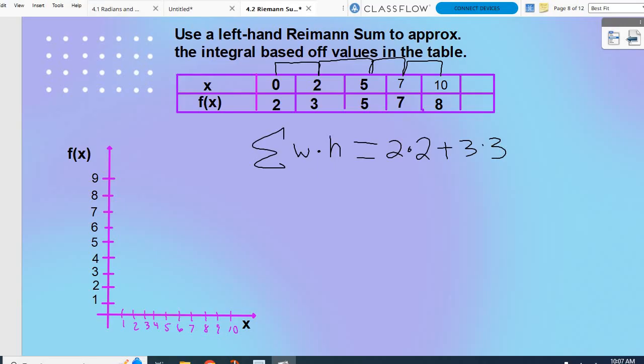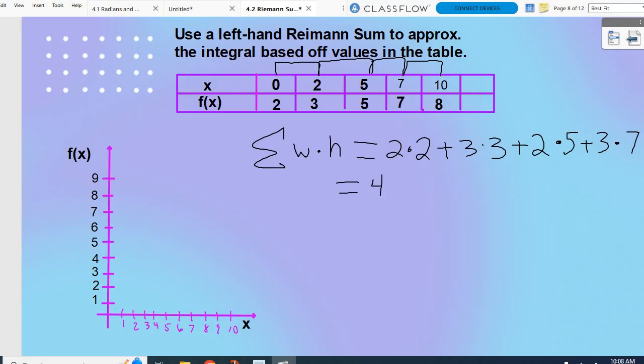Okay, so this is our 0 to 2, 2 to 5. What's our width for 5 to 7? Okay, and this time our y value is going to be the 5. And then lastly, our width for our last interval is 3, and our height would be a 7.